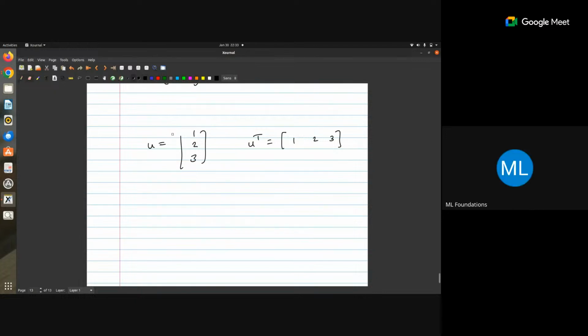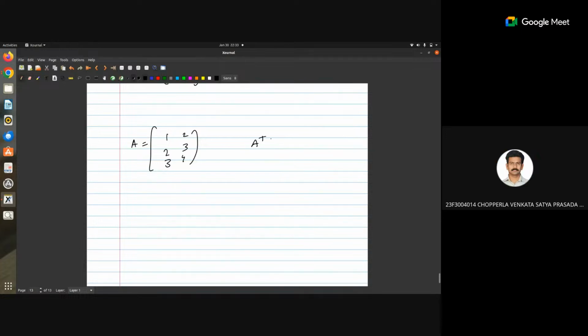What do you do in matrix transpose? Let us say you have A, with a bunch of values 2, 3, 4. That's A. In the transpose, columns will become rows and rows will become columns. What will that be? 1, 2, 3, 2, 3, 4, right? Correct. Let us say this is some A1 and this is some A2.